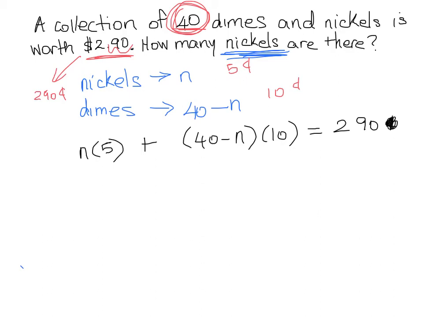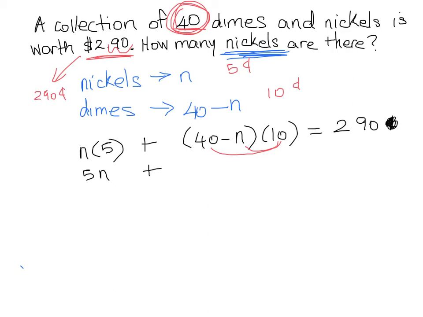Okay, so now that we have that, we can solve this algebraically. So 5 times n, or n times 5 as we now have it, is really 5n plus, and we can go ahead and distribute this 10. As you may know, it doesn't matter if the 10 is sitting in front or behind, it's the same thing.